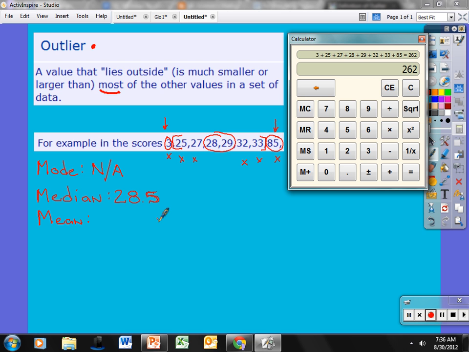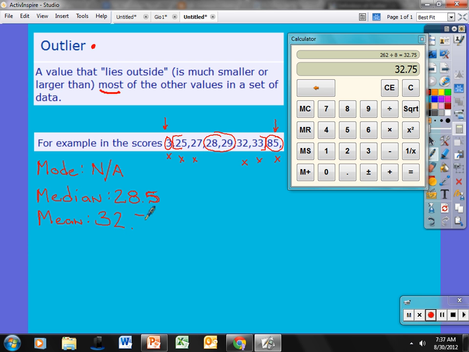Remember, to find mean or average, it's a two-step process. First step, add all the numbers and get the sum. Then I have to divide that sum by how many numbers I added all together, which were 1, 2, 3, 4, 5, 6, 7, and 8. So divide that by 8. I get a larger mean.